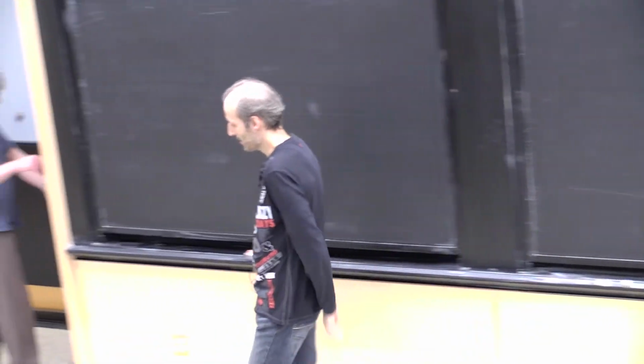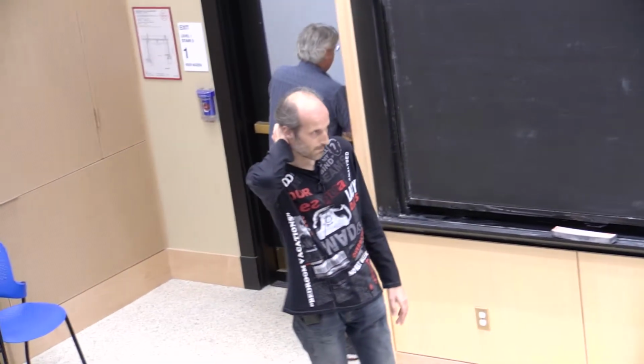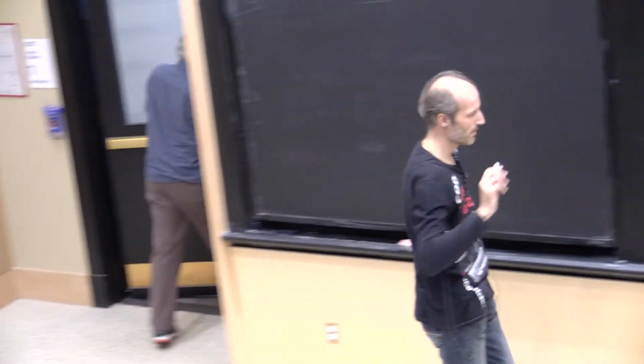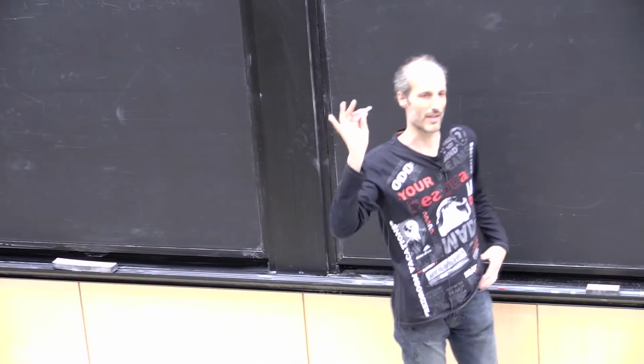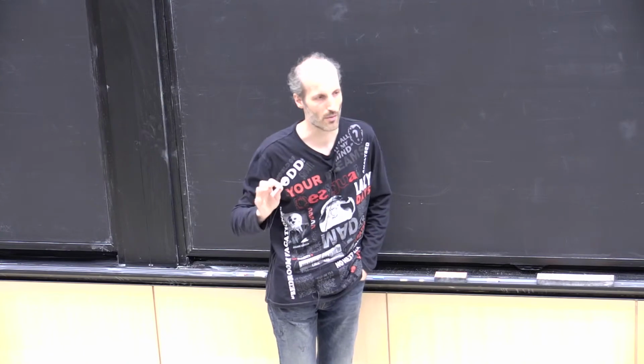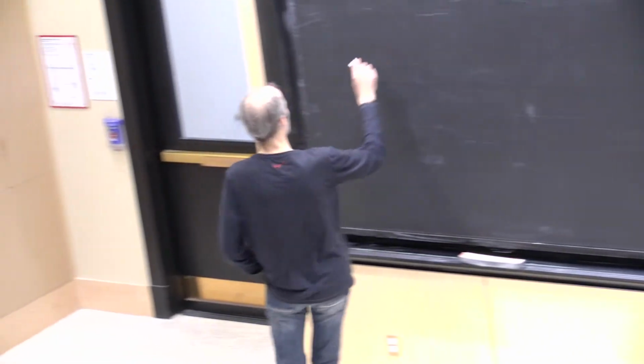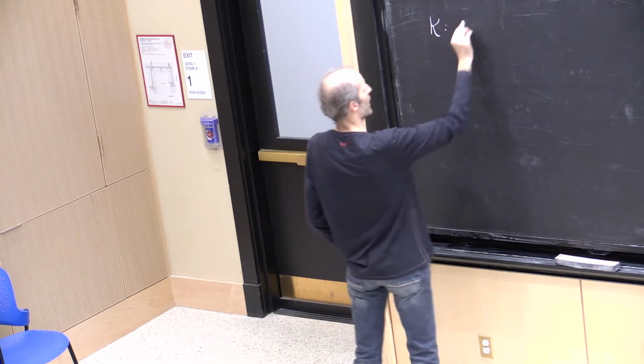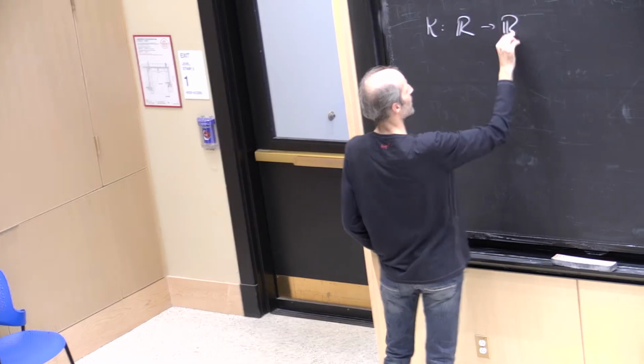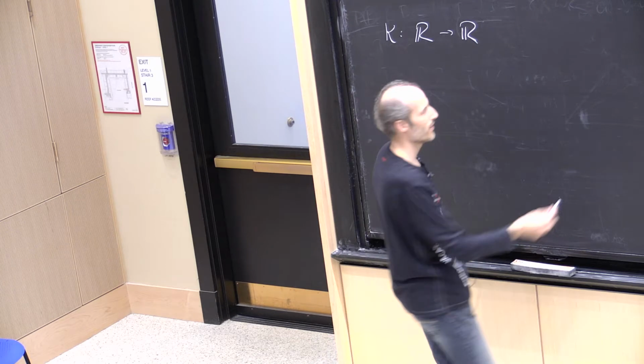So let me first give you a very, very, very simple example of the sort of things that we're going to talk about. Take a function k, which goes from R to R, which looks like this.